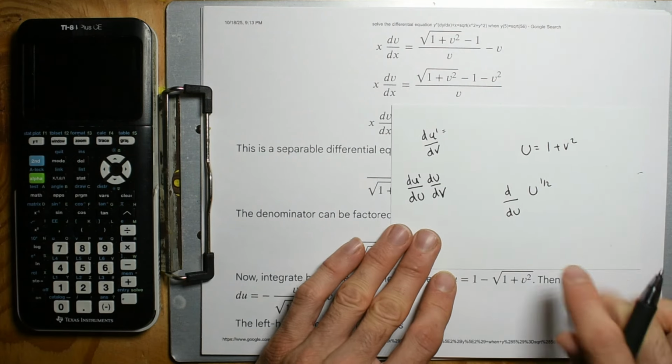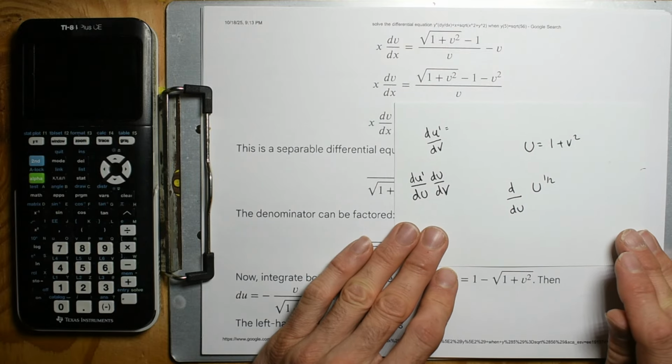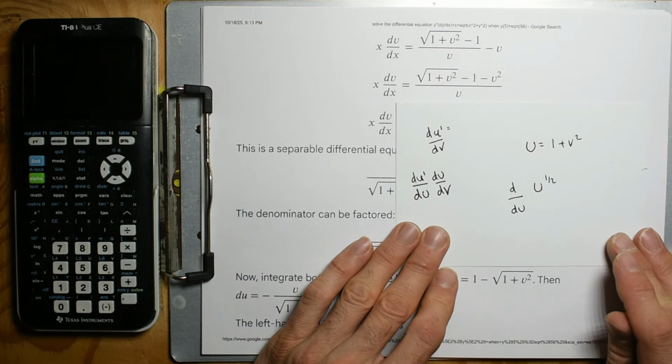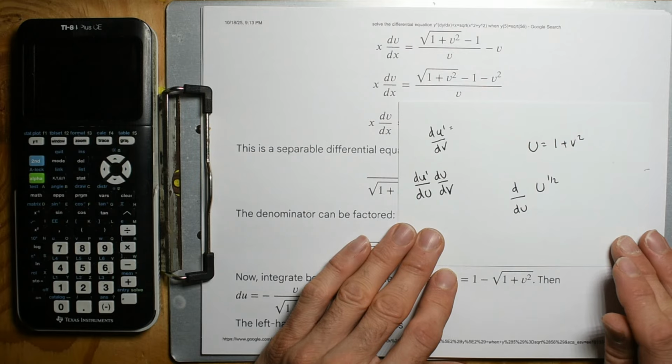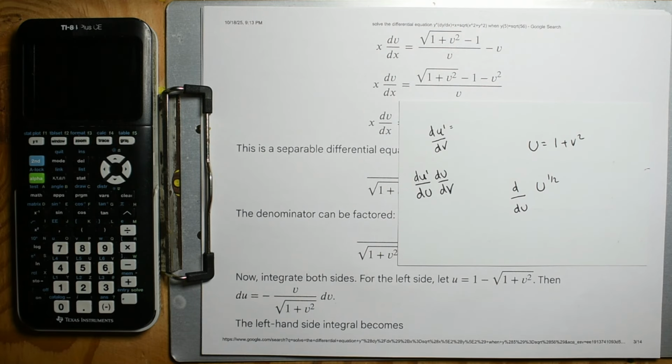So this is the u substitution part, right? Maybe not. Oh, I'm getting tired. No, that's exactly how it should be.